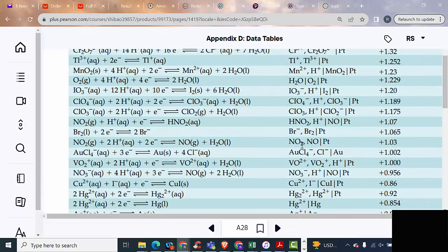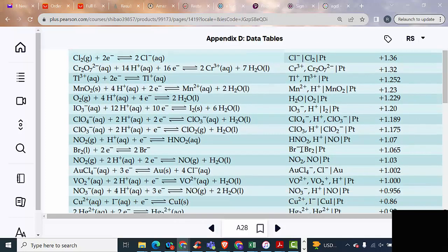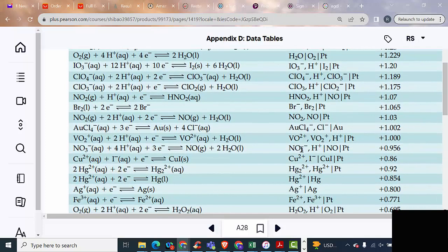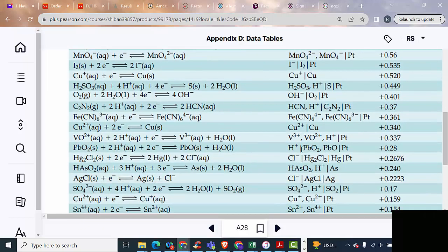One thing we could do with copper is go from copper metal all the way to copper 2+. And that's 0.34 volts. Negative, because if we go from copper to copper 2+, we need to reverse this. Reversing this is negative.